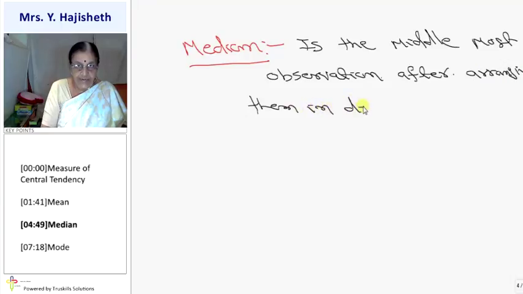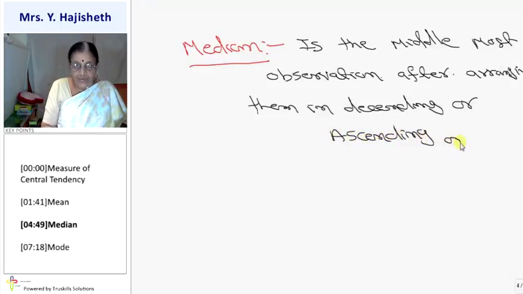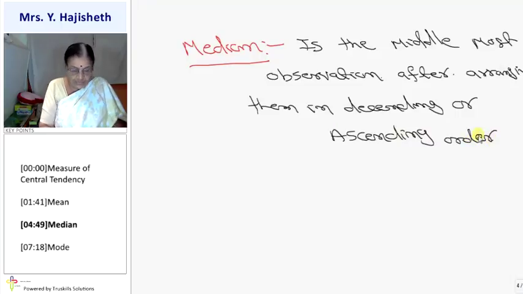Without arranging them in order, I can't find the middlemost observation.